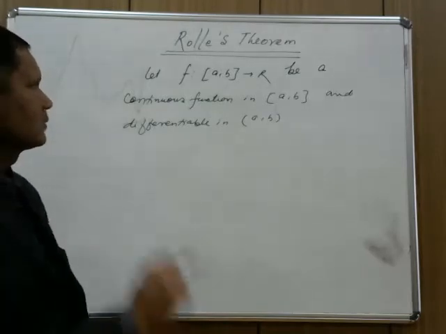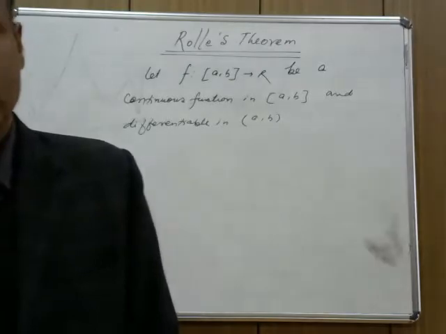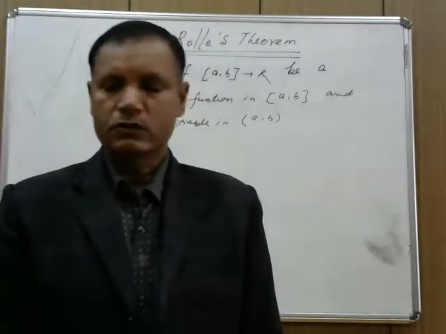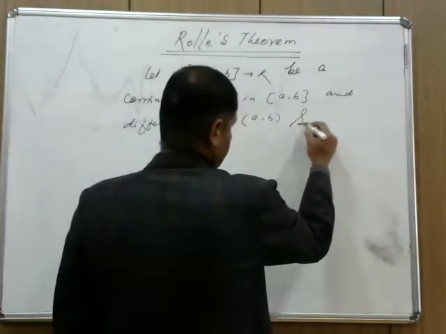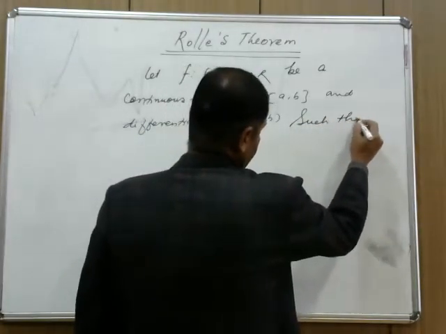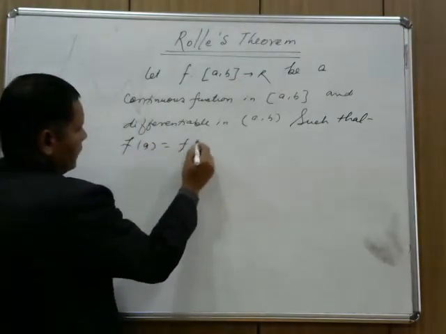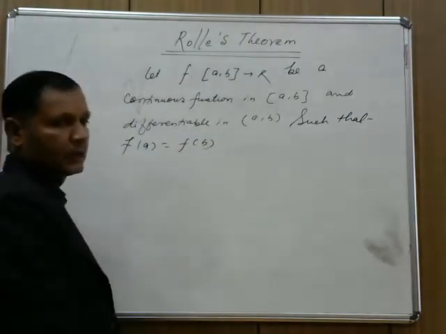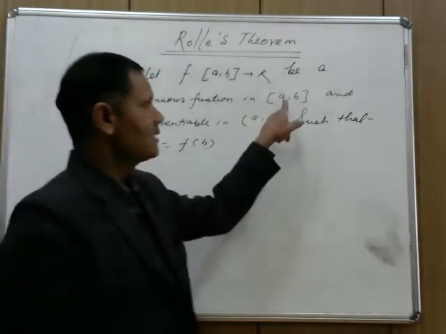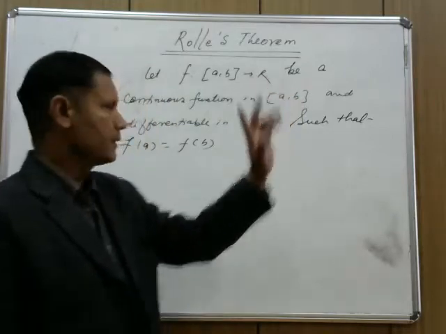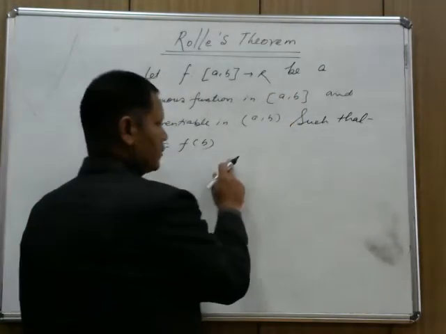These two things are very important, that the given function should be continuous and differentiable, such that f of a is equal to f of b, where a is the lower limit and b is the upper limit in the given interval a, b.